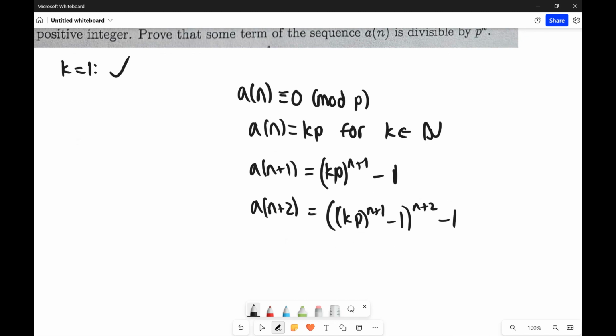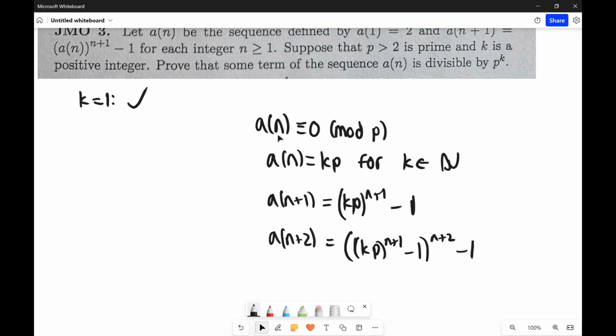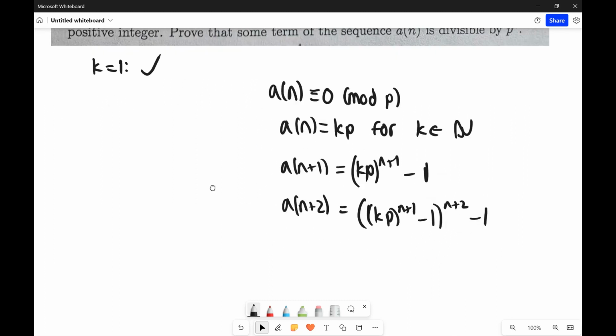Now we see something special happens when n is even. If n is even, then the term not divisible by p here is just (-1)^(n+2), which is 1. And the 1s cancel out here, and this expression is divisible by p^(n+1), which is surprising. Therefore, we can try splitting into cases on whether an even n exists or if no such even n exists.